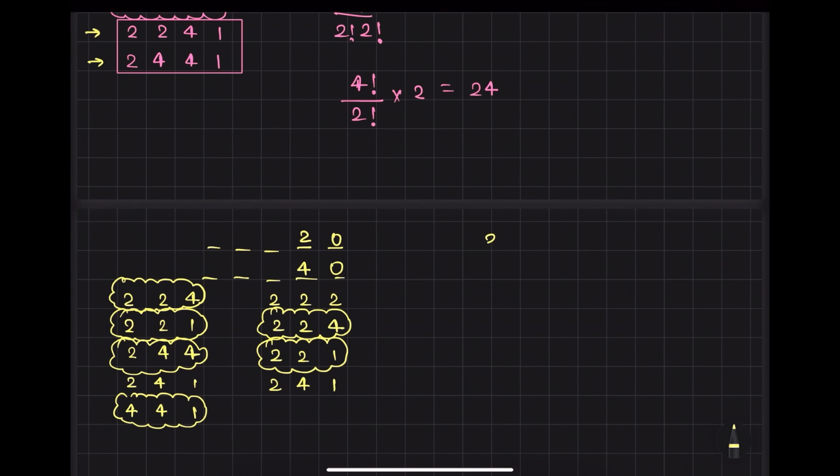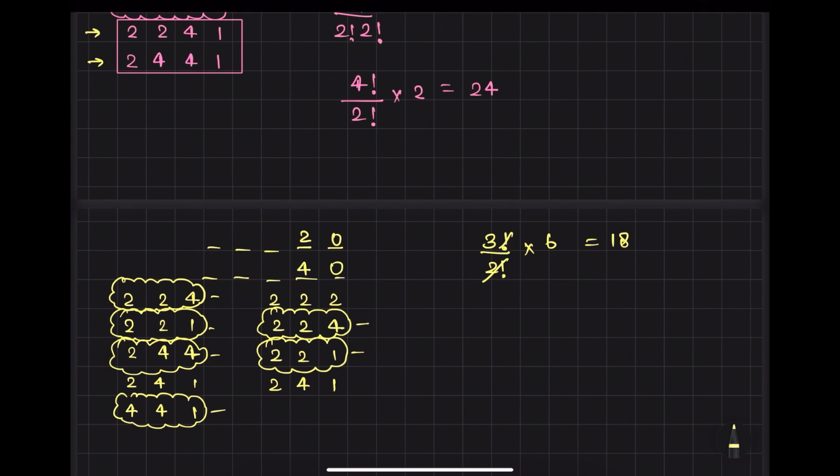So it is 3 factorial by 2 factorial, and there are 6 such cases. So it is 6 times 3, which is 18. I hope till this part you guys are okay.